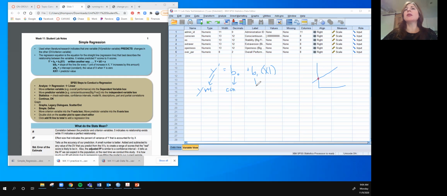All right, this is the beta weight. And I'm sorry, I just totally screwed up. The B0 is the constant, the Y-intercept. This is the dependent variable.